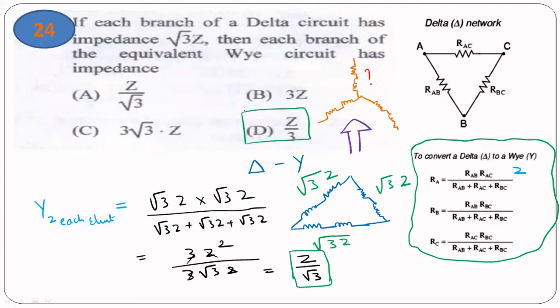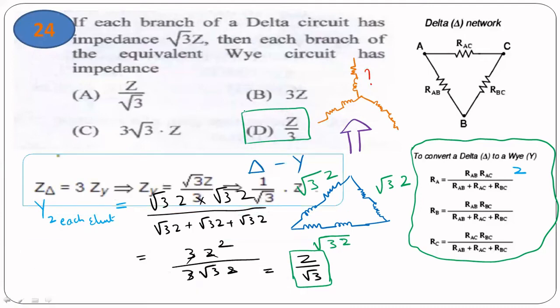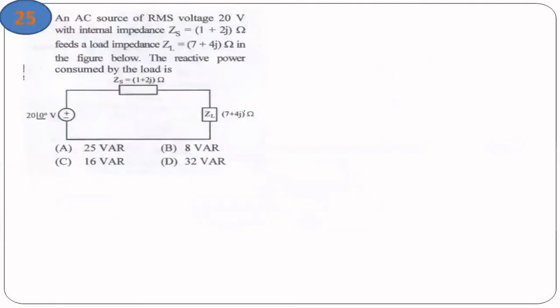Next, we can move ahead to the next question. An AC source of RMS voltage 20 volts with an internal impedance of 1 plus 2j ohms and a load impedance of 7 plus 4j ohms is given.